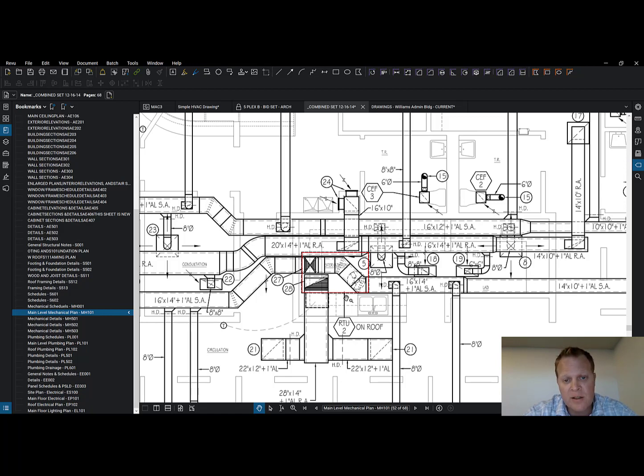In this cooling section it's going to have the evaporator coil, it's going to have the refrigerant compressor and the condensing unit, right?